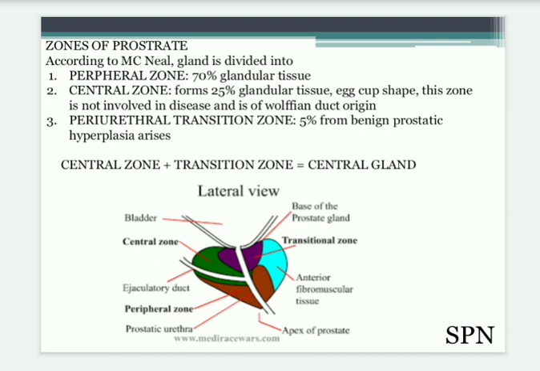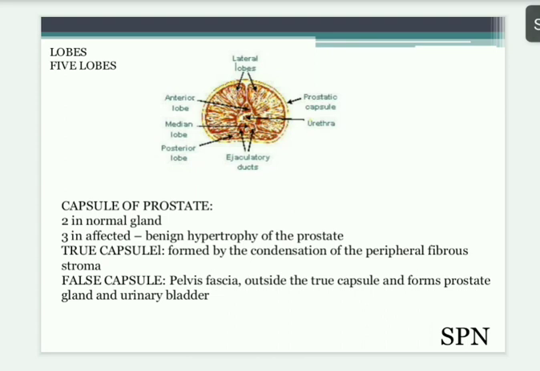It means your central zone and transition zone are called the central gland. Now the lobes: the prostate gland was described initially as 5 lobes. In this picture you can see the central zone, transitional zone, and peripheral zone. The 5 lobes are anterior, posterior, median, and 2 lateral.